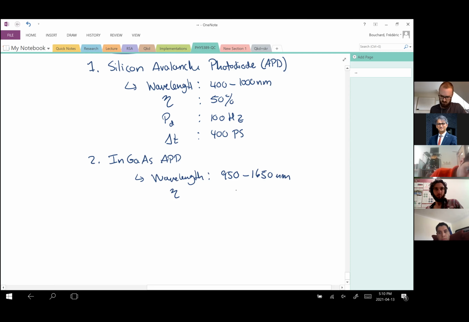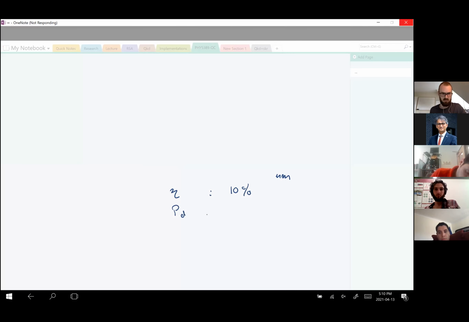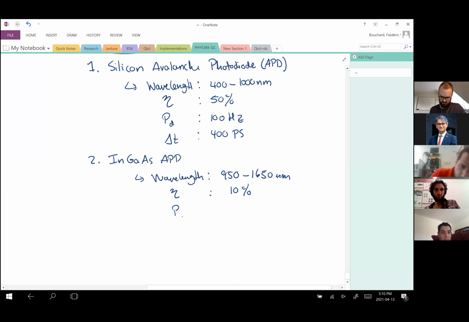Usually the efficiency will be lower for InGaAs APDs. Dark count rates are okay. So those are the standard options for quite a while now.